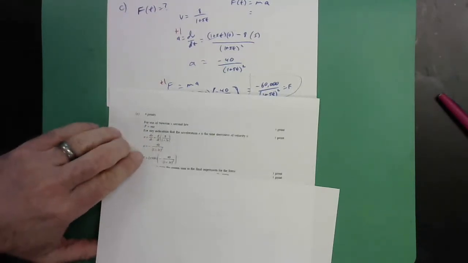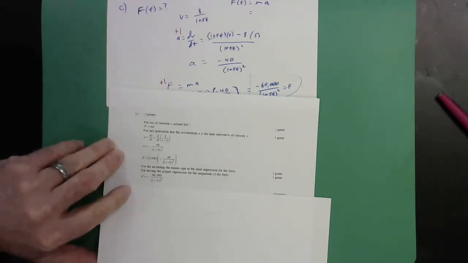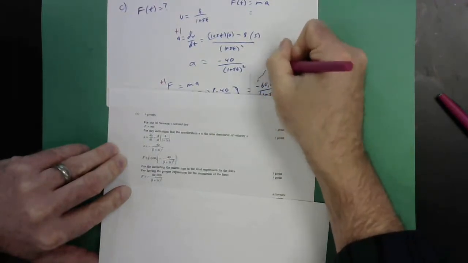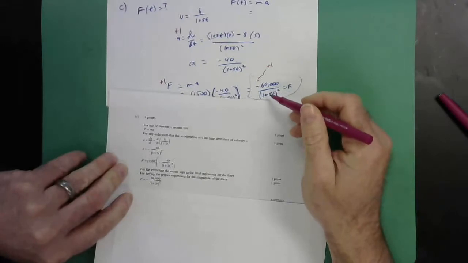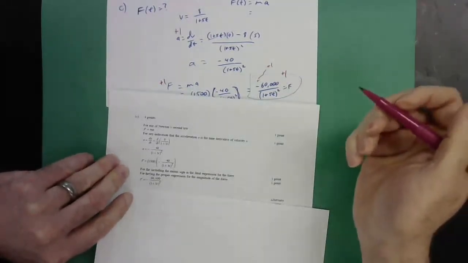And then they set it up, derivative of 8 over 1 plus 5t, and did the derivation. Then for including the minus sign on the final expression for force, we get a point for that. And then the proper expression for the force, negative 60,000 over (1 plus 5t) squared. Hooray! That's 4 points.